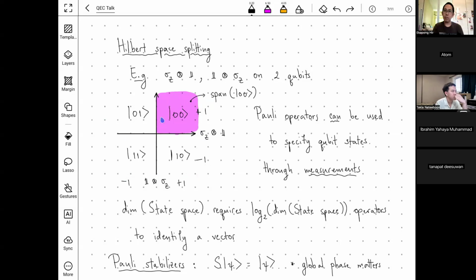You can split the Hilbert space again using another Pauli operator, identity tensor sigma z, which splits it into the left half, which is -1, and the right half, which is +1. So given a sufficient set of these Pauli operators, they can be used to specify the qubit states through this measurement.